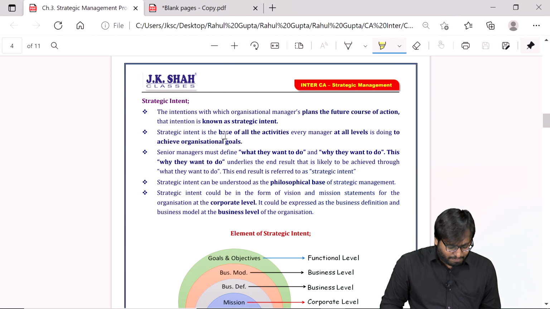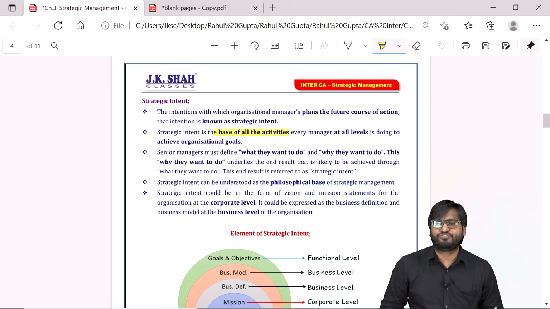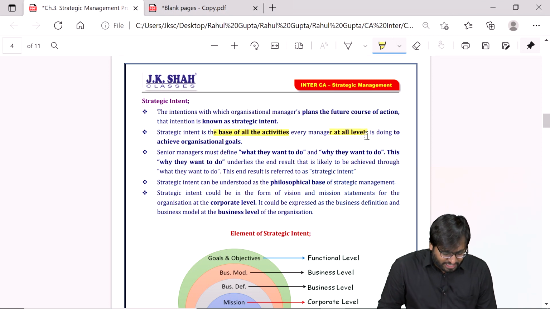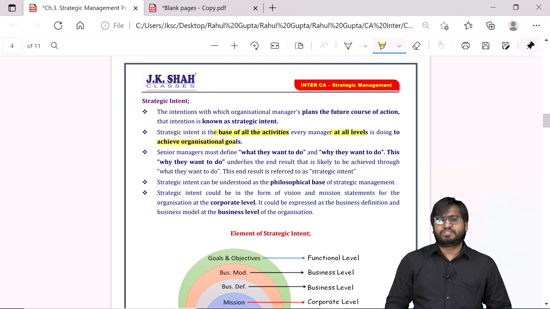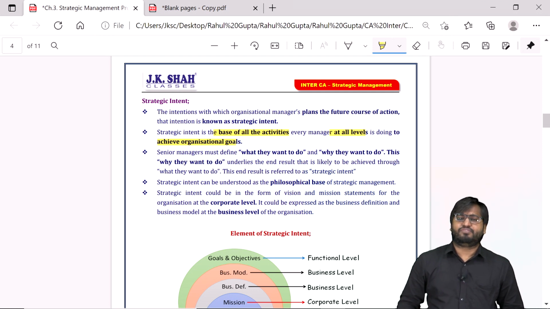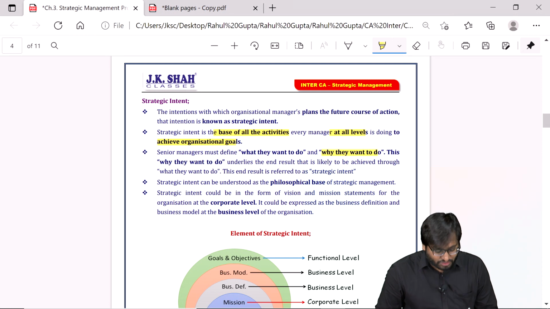Strategic intent is the base of all activities. Every manager at all levels is working to achieve the organizational goals. Senior managers must define what they want to do and why they want to do it.